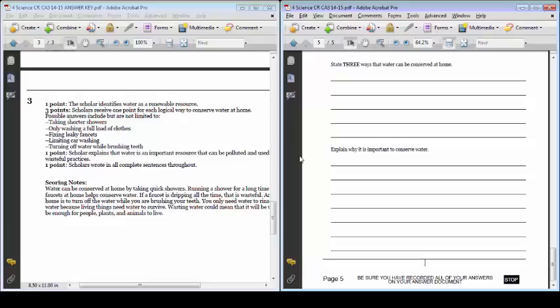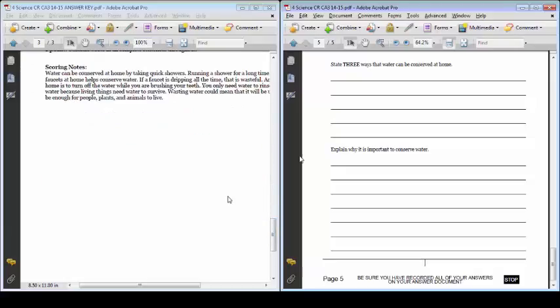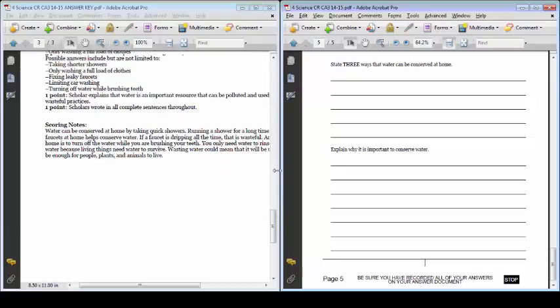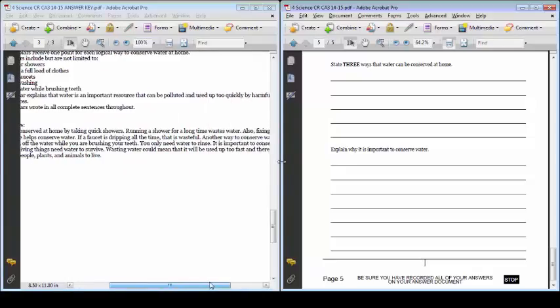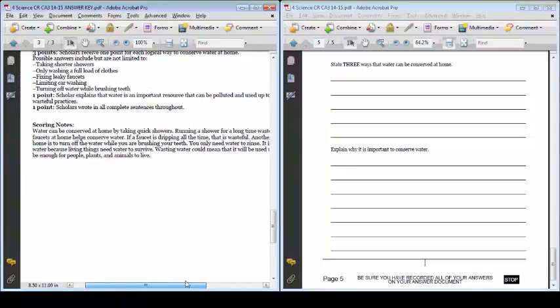And then finally, after those 5 points, they will receive their 6th point if they wrote in all complete sentences. Down here at the bottom, you'll notice for this question also some additional wording that scholars may use that is written out here for you.